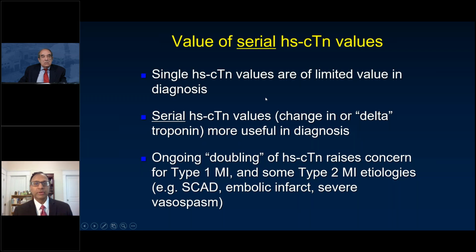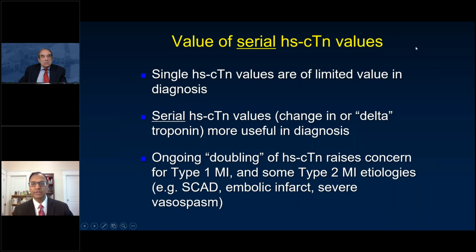It is also really critical to note that serial troponin values with HS troponin are critical. One of the unique advantages of high sensitivity troponin compared with standard troponin is the values are much more precise when you measure them in succession. And changes mean a lot more.